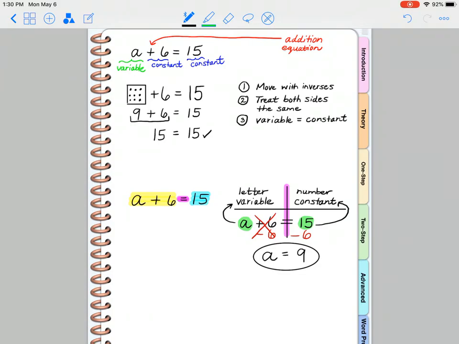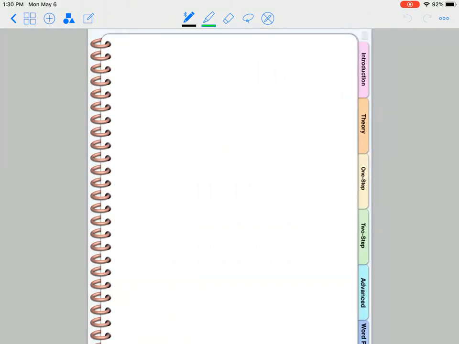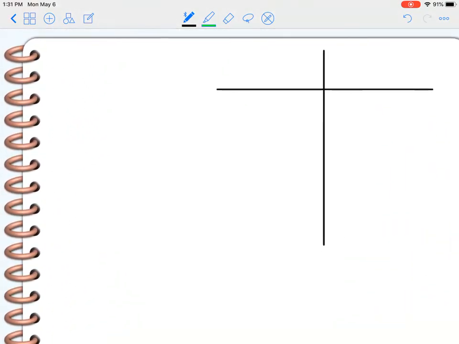Okay, let's go to the next page and draw ourselves a solving frame. And here's the equation that I want to solve. M plus 3 equals 5. I'm not going to use the colors this time, or at least not to highlight the parts.